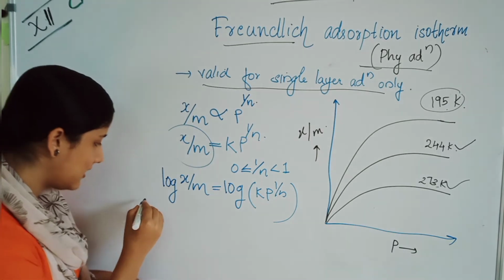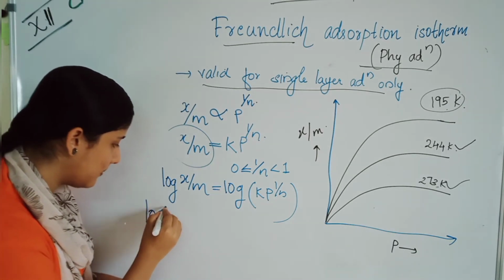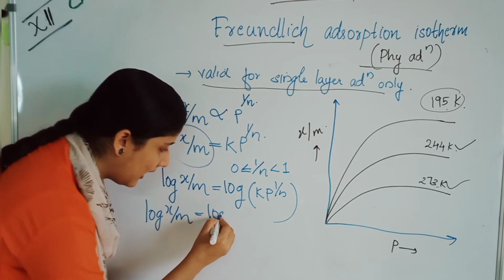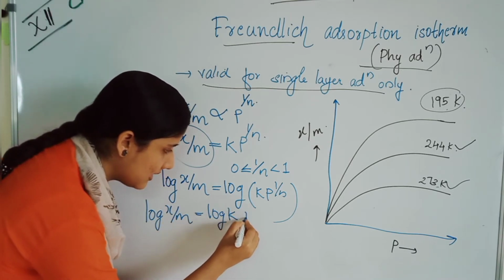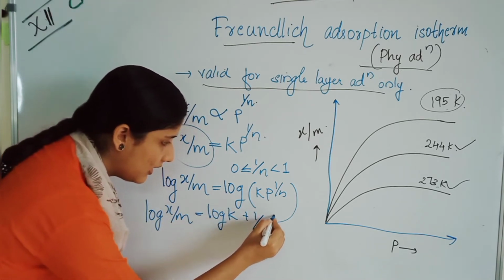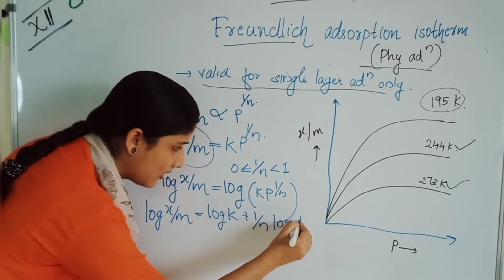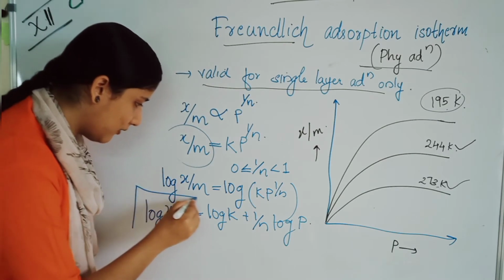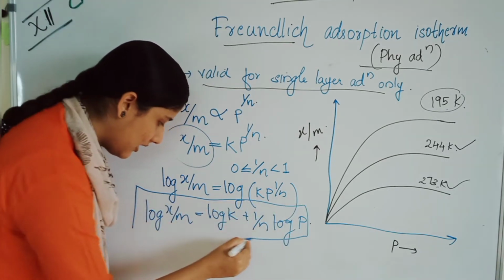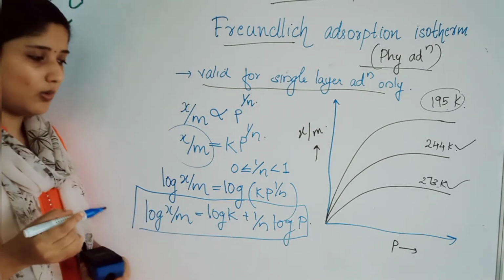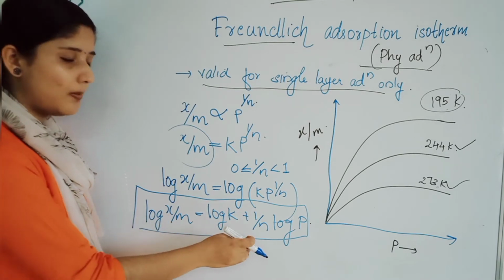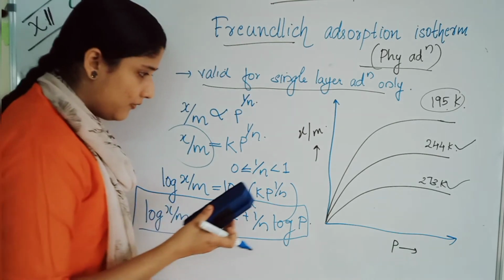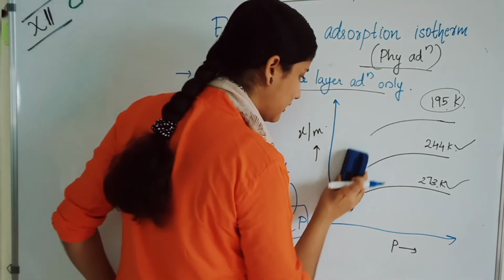Then if we expand, log x by m is equal to log k plus 1 by n log P. Okay, this is the final equation. If we give log, we can write log x by m is equal to log k plus 1 by n log P.